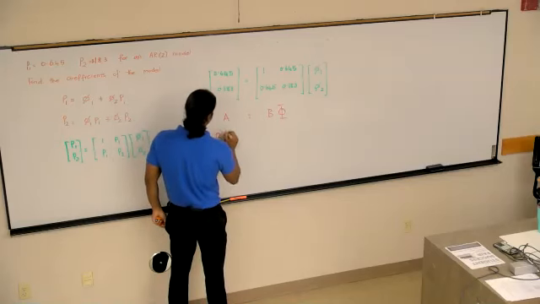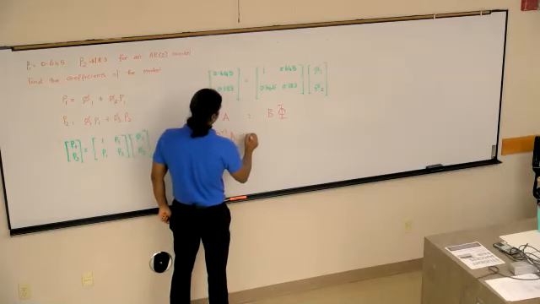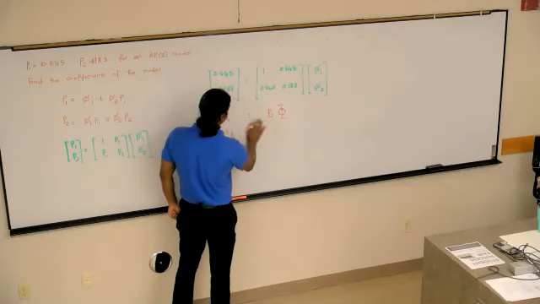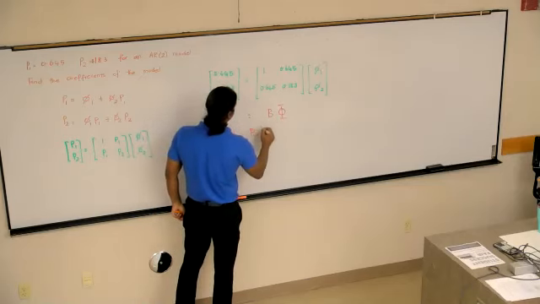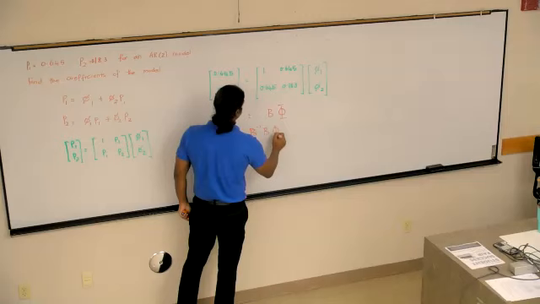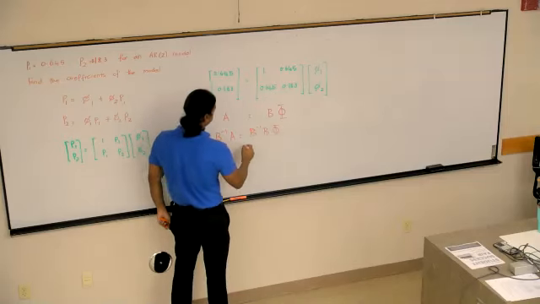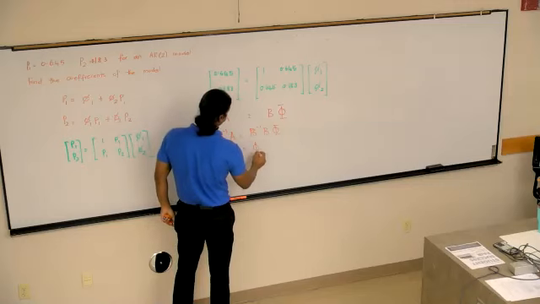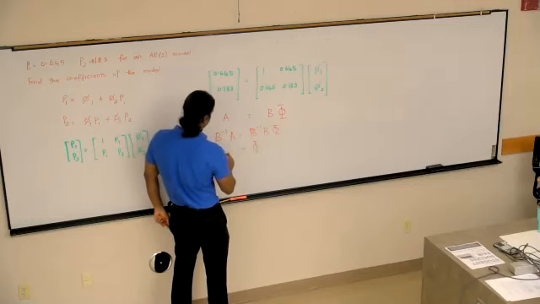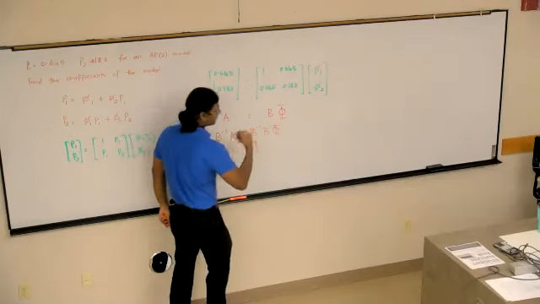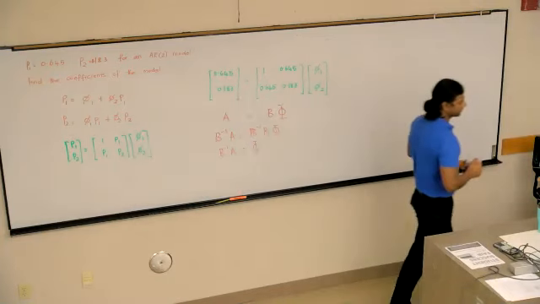So B inverse A would be equal to B inverse times B times phi. B inverse times B is just the identity, so it becomes 1. So B inverse times A would simply be equal to phi.